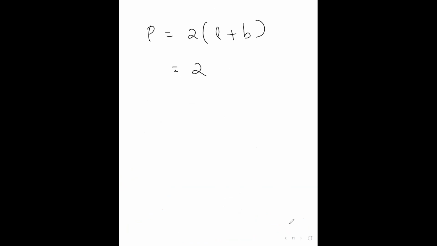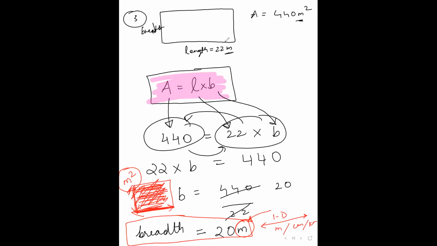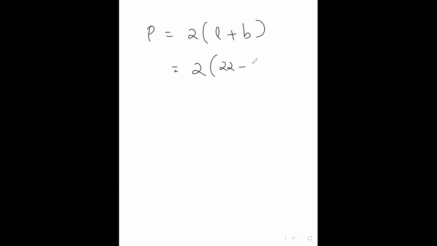So L क्या था हमारा? It will be 2 multiplied by 22 plus 20. Very good. And what is 22 plus 20? 42. So what is 42 multiplied by 2? Wait a second.